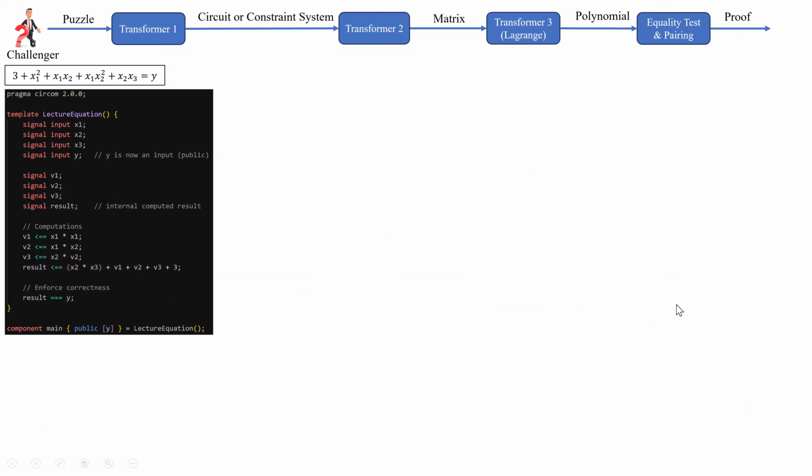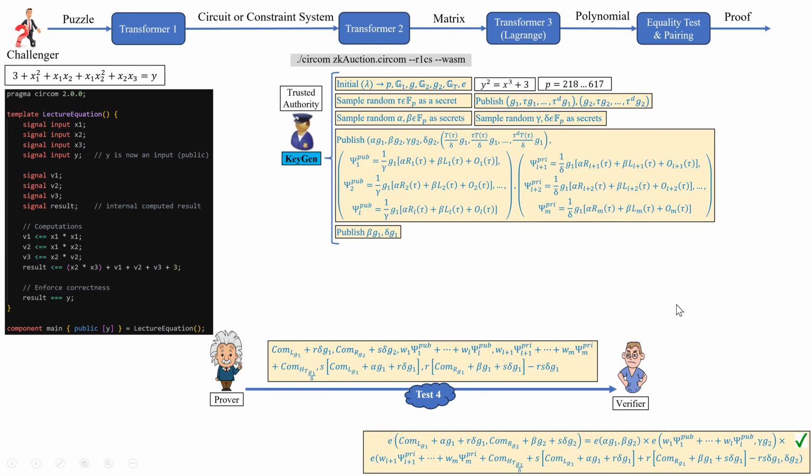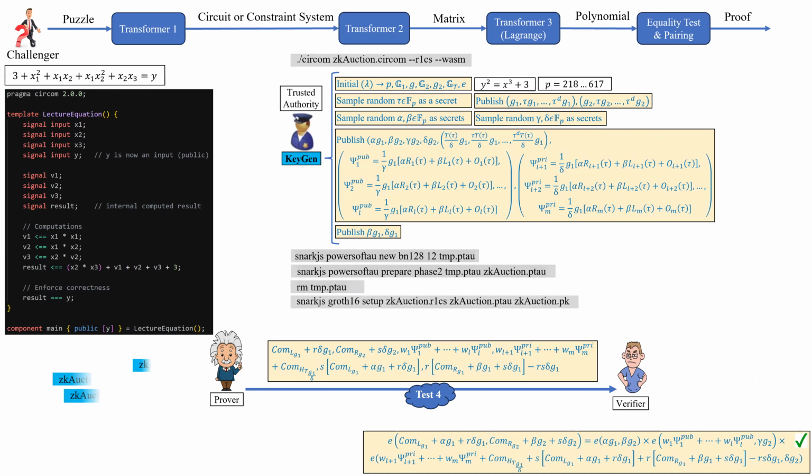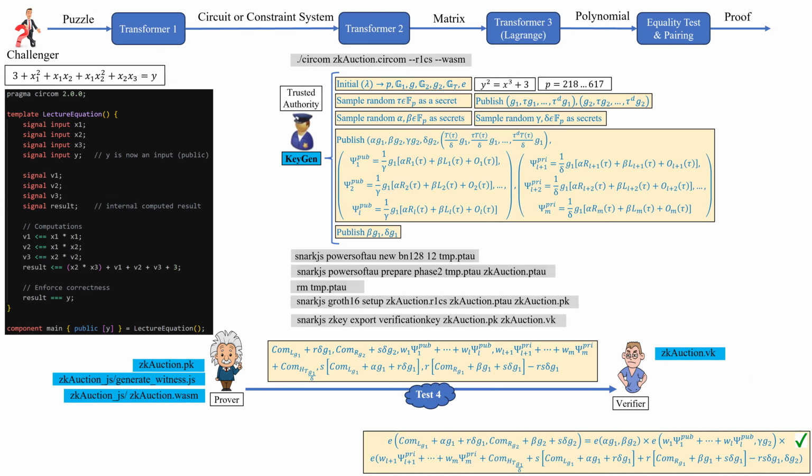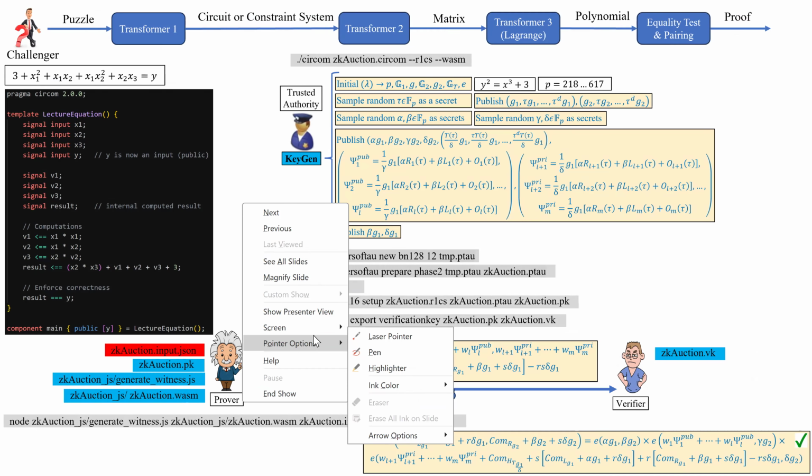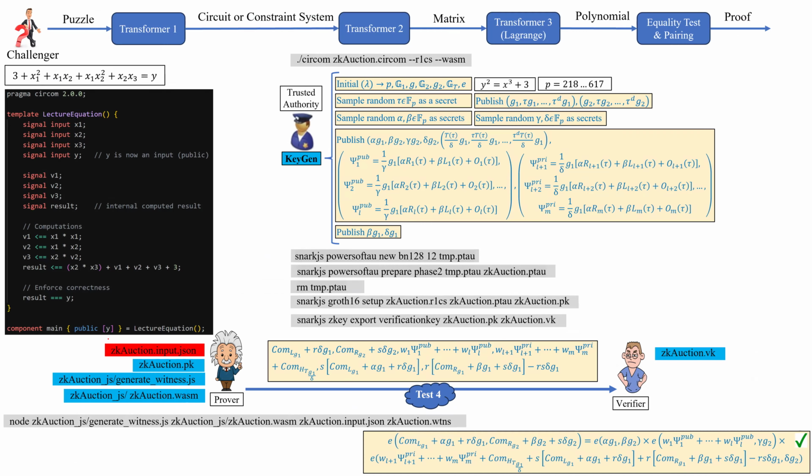So the next step is running some code by the prover to generate the proof, and by the verifier to verify the proof. We already mentioned that the prover has a JSON file that consists of the input of the circuit.